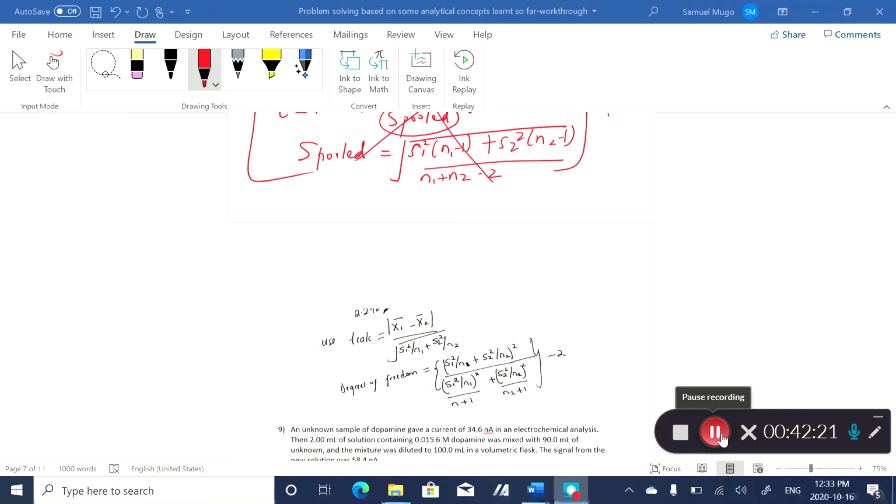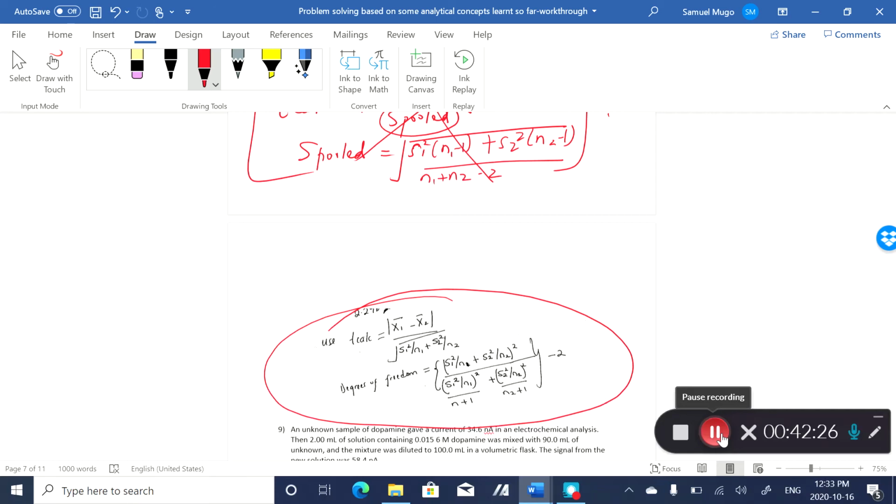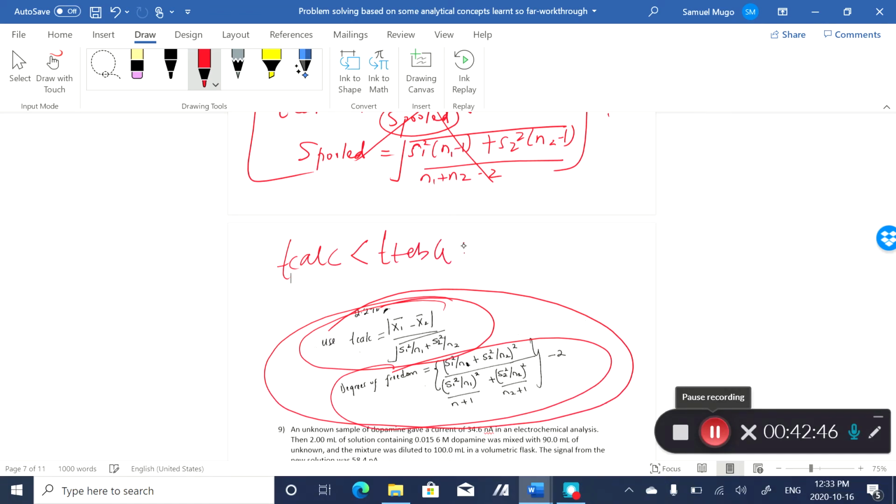Instead, because they are different, we have to use this relationship. So you have to do the t calculated as follows, and then the degrees of freedom as follows. And then you compare the t that you calculate with the t from the table. If the t calculated is less than the t in the table, then you would say the methods are not different.